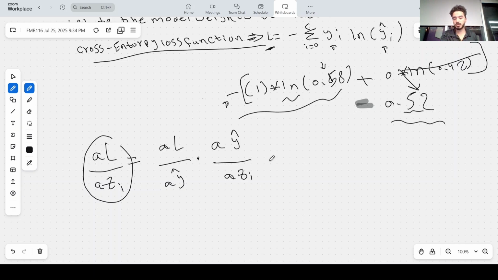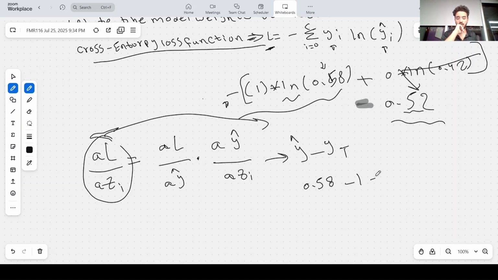We will go through deriving this formula in another video because it will take a lot of time, but upon getting the formula you will find that the loss minimization with respect to the output is actually y predicted minus y true. So in our case, we have the y predicted for the first one as 0.58 minus y true, which is 1, which will be negative 0.42.